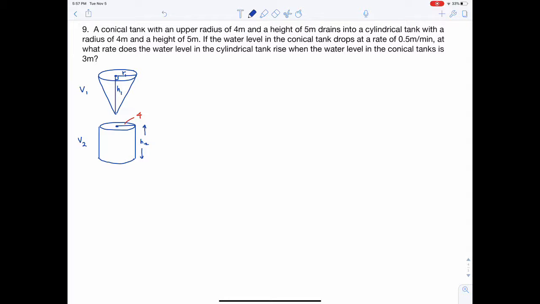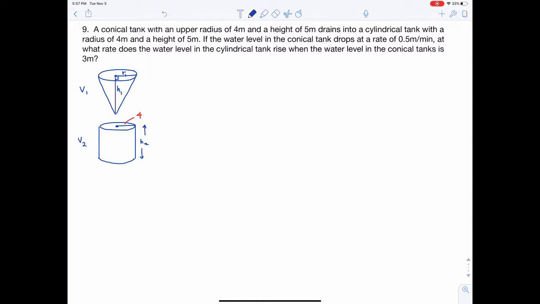Okay, let's see what we got. We've got this water that's flowing out of the top conical tank, and what do we know? It's a conical tank with an upper radius of 4 meters and a height of 5, draining into a tank with a radius of 4 meters and height 5. If the water level of the conical tank drops, so notice what is dropping. It's saying the water level, that's the height.